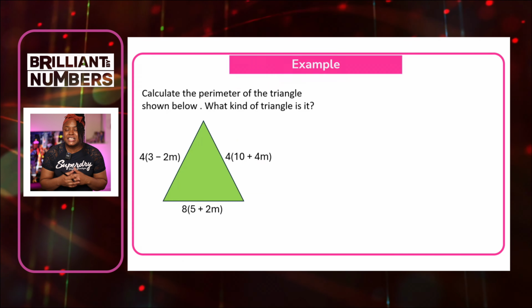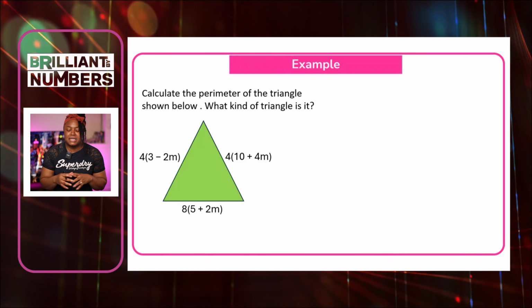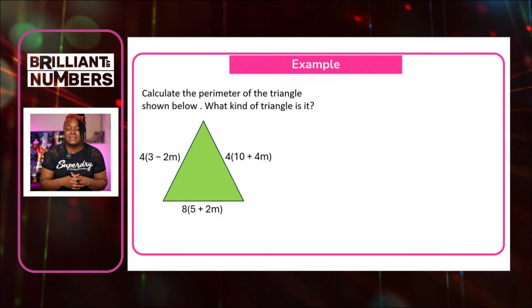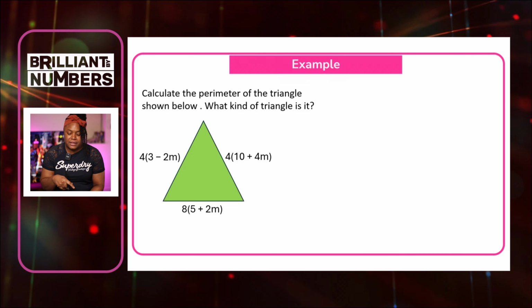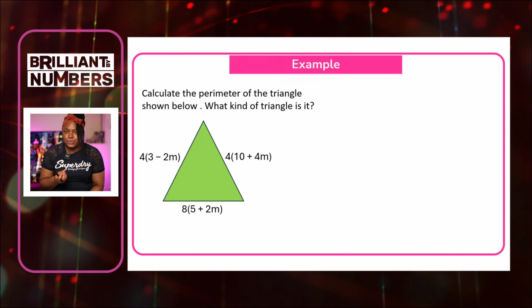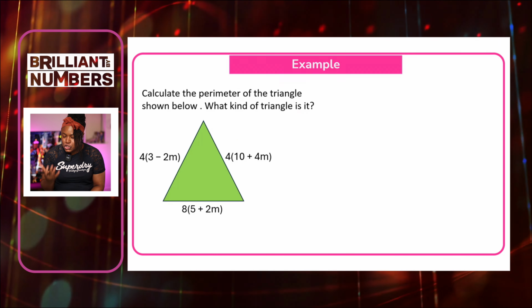Remember, the prefix peri means around and meter means to measure. So basically what we want to do here is to find out the distance around this triangle, but it's going to be in terms of an algebraic expression since we haven't been given actual numbers.